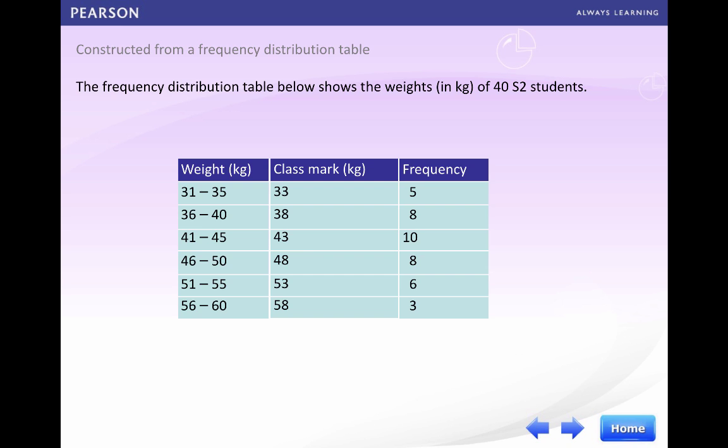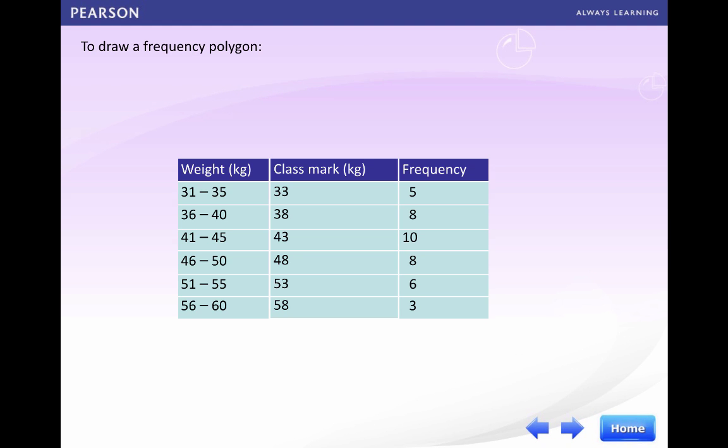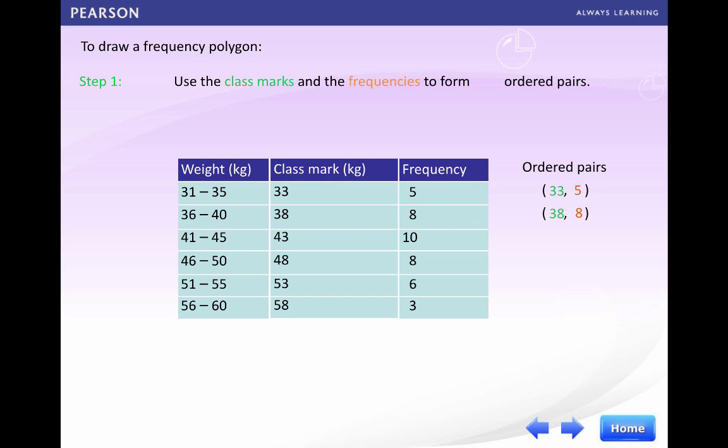Look at this. This is a frequency distribution table, and we can use these data to draw a frequency polygon. First of all, the first step is to use the class mark and frequency to form some ordered pairs, just like these. After we form these ordered pairs, we can plot them on a graph.